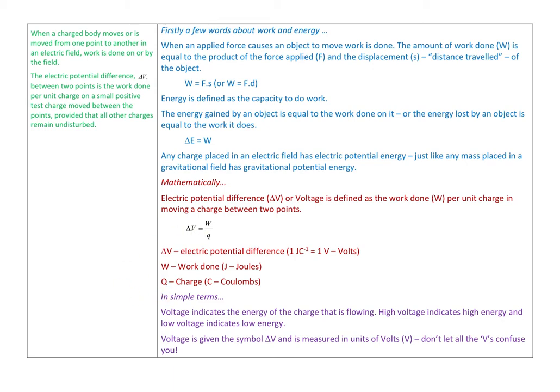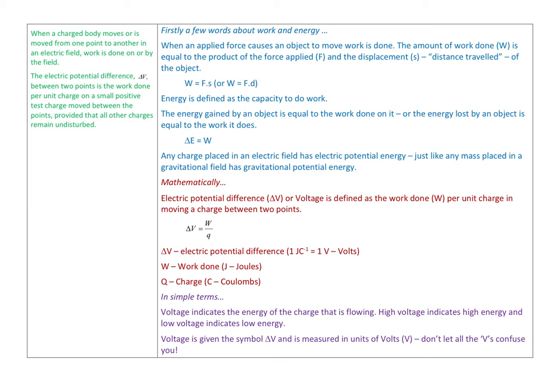So in simple terms, voltage indicates the energy of the charge that is flowing. High voltage indicates high energy and low voltage indicates low energy. So with high voltage, the charge that's moving has a high amount of energy. Low voltage has a low amount of energy.